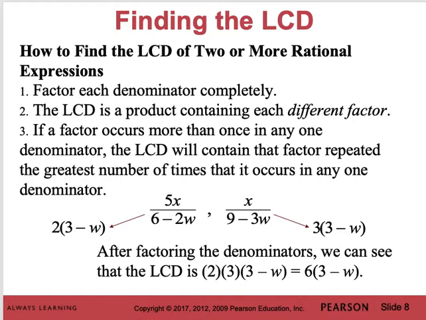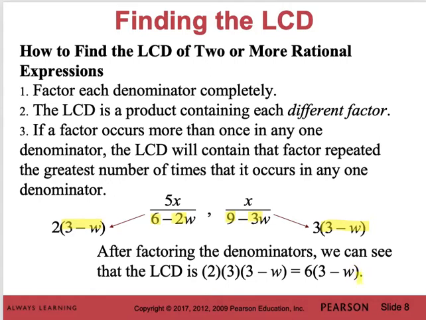Here's an example. 6 minus 2w is our first denominator. If I factor that out, both 6 and 2 are divisible by 2, so I can rewrite that as 2 times 3 minus w. 9 and 3 both have a factor of 3, so if I take that out, I now have 3 times 3 minus w. I notice that 3 minus w is the same, so I only have to write that once.